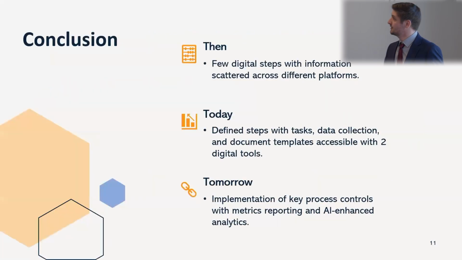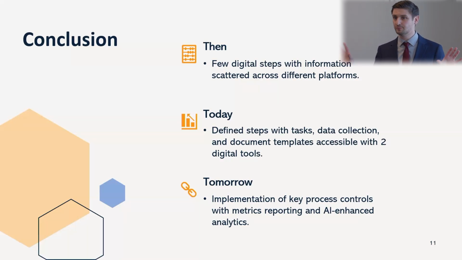So in conclusion, back when I started this, there were few digital steps, with information scattered across different platforms. No one was quite sure who's doing what, when, where, why. Now today, there are defined steps with tasks, data collection, and document templates accessible with two digital tools.